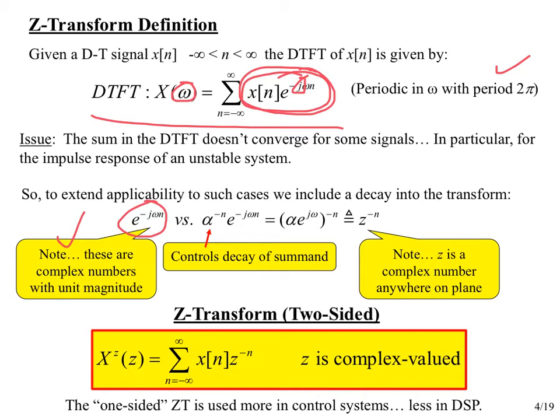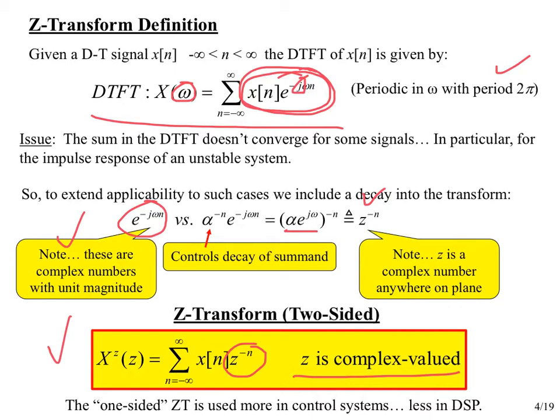When we go to the z transform, as you see down here, we are now taking x and multiplying it by z to the minus n, where z is just a complex variable. So z is complex valued. If we come back up here, we're looking at z to the minus n. Since z is a complex number anywhere on the plane, we can write it in polar form this way.